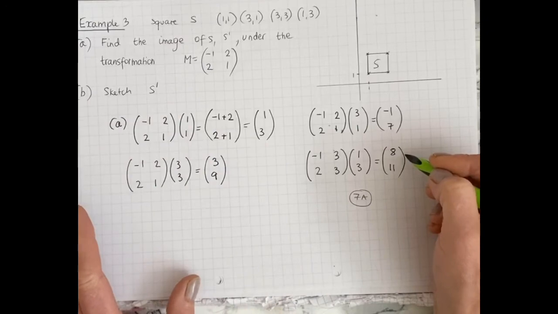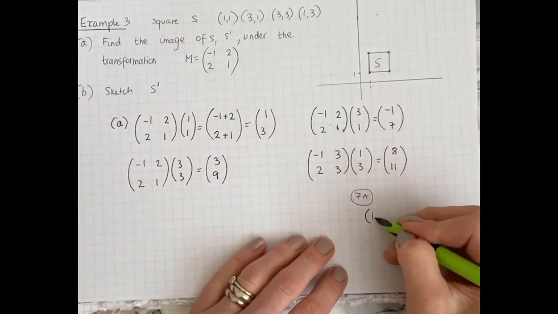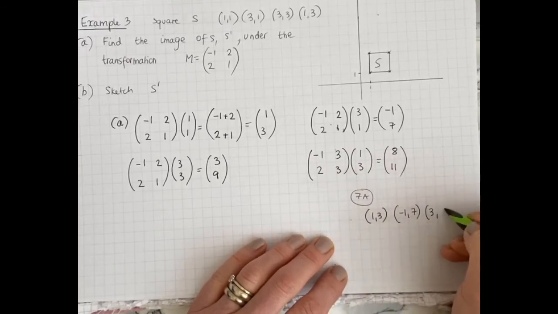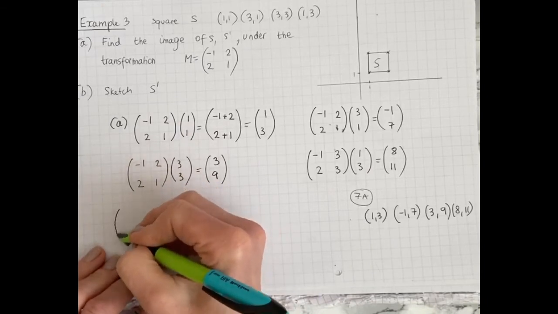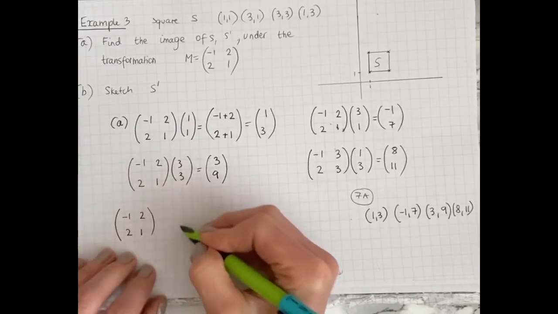Before I do part B, okay, so you've got those 4 points. Let's write them down. 1, 3, minus 1, 7, 3, 9, and 8, 11. If you want to save a little bit of space or time, here's how to do it a little bit quicker.